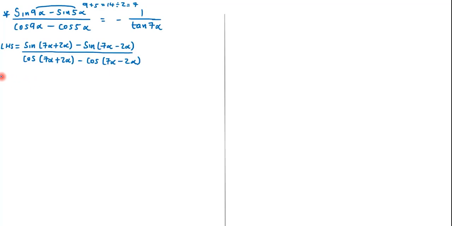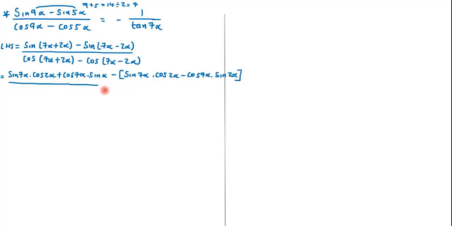Okay, so when you have this, we then get sine 7 alpha times cos 2 alpha plus cos 7 alpha times sine 2 alpha, and then minus sine 7 alpha times cos 2 alpha minus cos 7 alpha times sine 2 alpha.